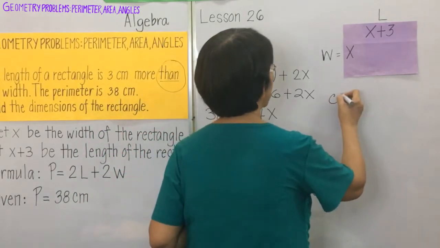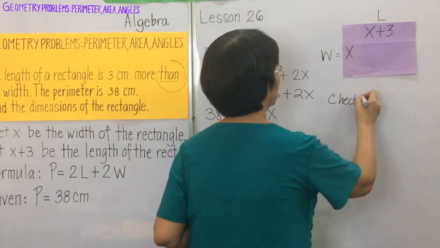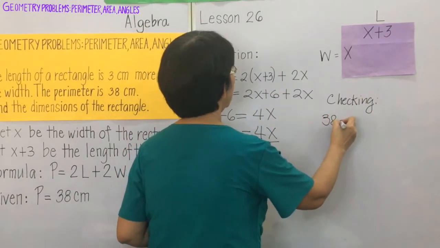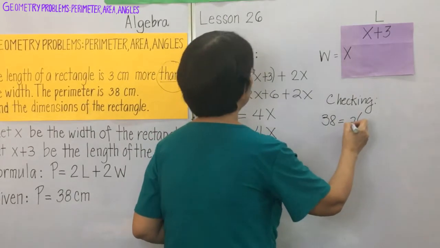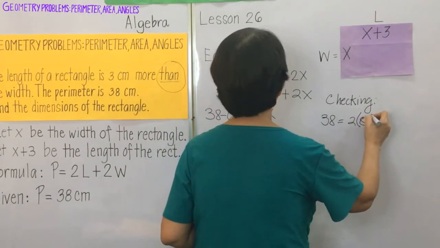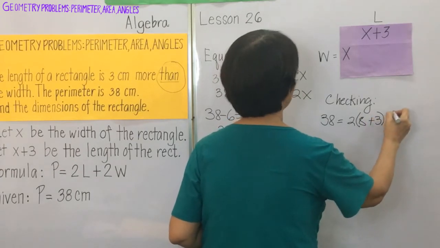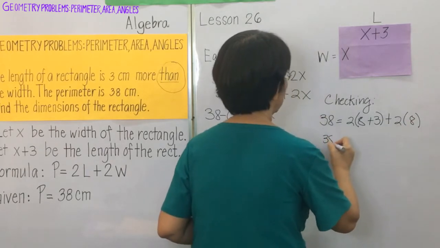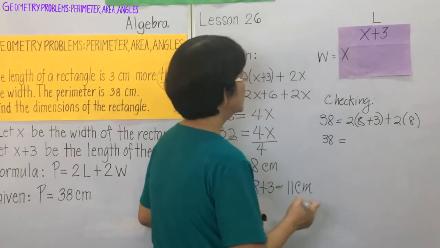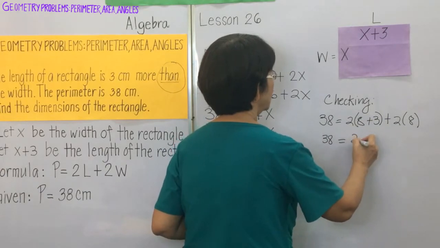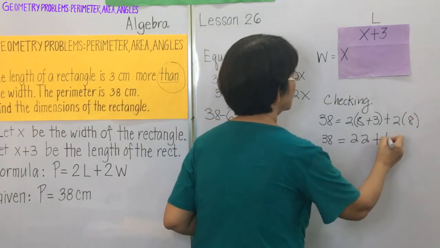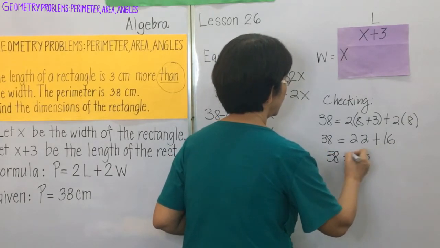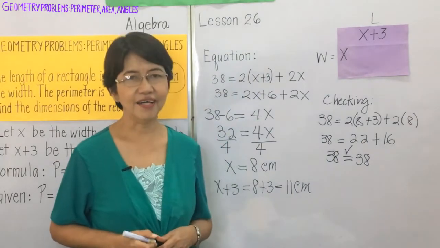So checking, we have 38 equals 2 times (8 plus 3) plus 2 times 8. 38 equals 11 times 2, 22, plus 16. So 38 equals 38. Our answer is correct.